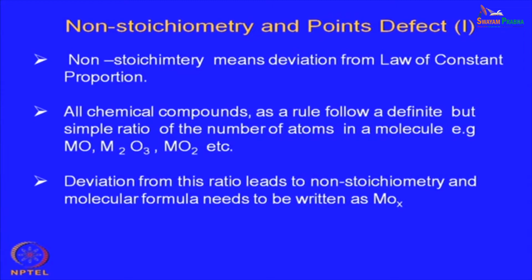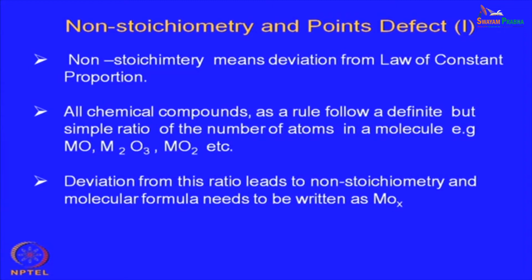The reason for this is basically point defects. If a point defect is present in one particular sublattice, either in oxygen or the metal, it will obviously disturb the ratio, unless there are pairs formed, that means Schottky pairs or Frenkel pairs or anti-Frenkel pairs.